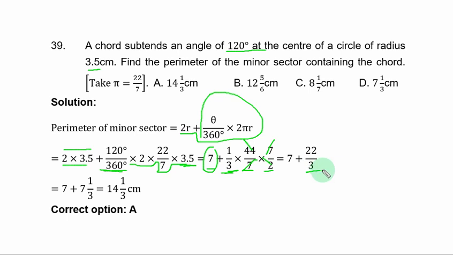That is what you have here. Instead of simplifying and dividing, we can express this as a mixed fraction. So when you add the whole numbers, you have 14 whole number 1 over 3 cm as the perimeter of the minor sector. So A is the correct option.